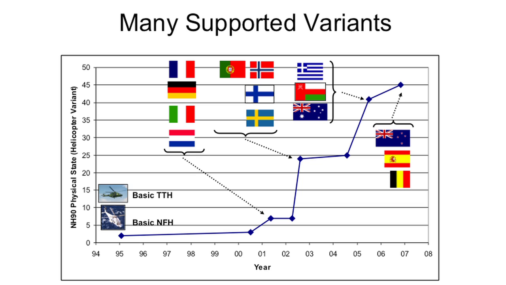As you see here, that's the way the customers were added. So there were more customers. It proved to be rather successful, the NH90. And with additional customers, there were additional requirements, additional equipment, additional functional requirements, and additional mission requirements, which had to be catered for. And so with this high number of variants, an ad hoc approach was no longer feasible.